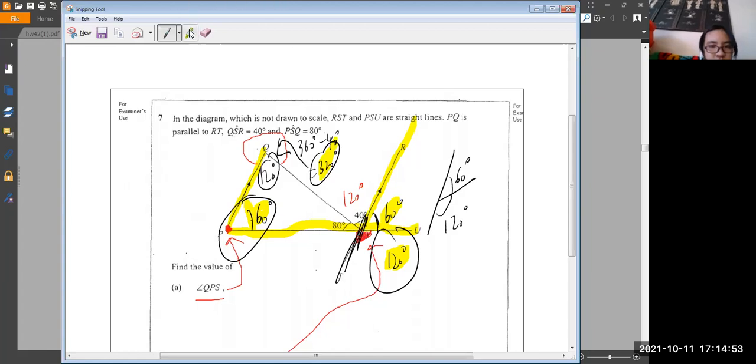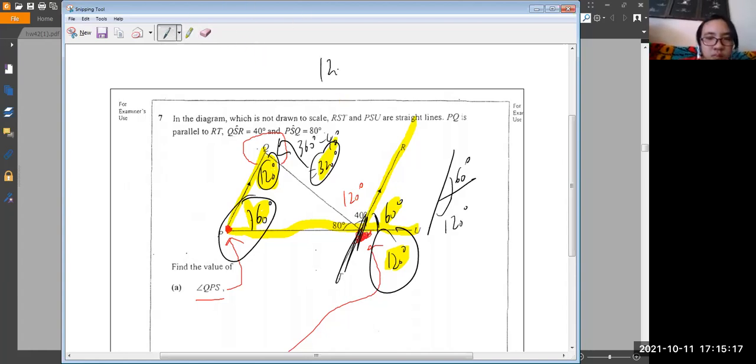Are you saying this is 120? I saw it wrongly. No, I'm just asking you, just answer my question. Are you seeing this as 120? Yeah. Okay, how can it be 120?